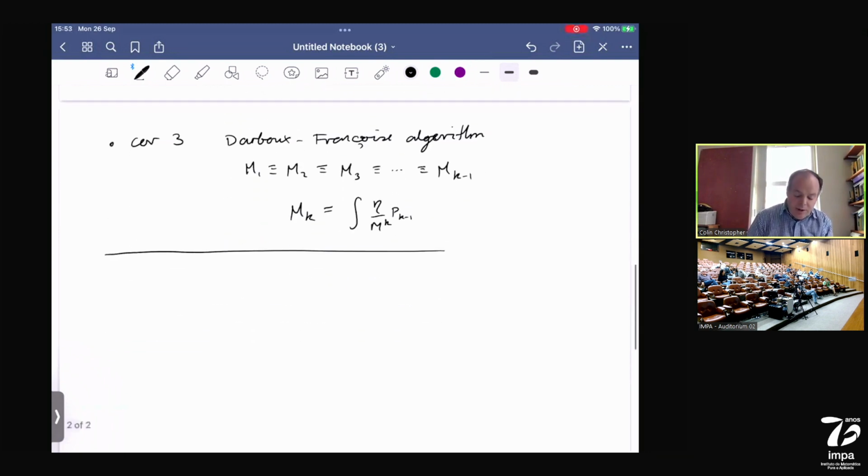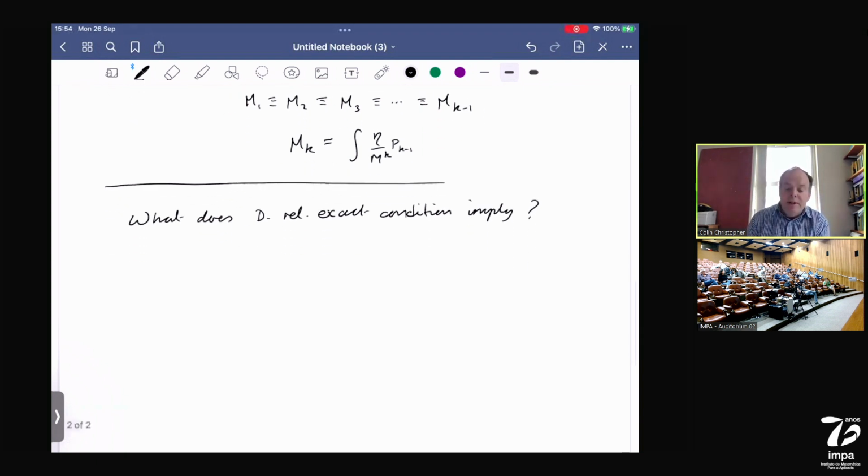And so the first question I want to ask ourselves is, what does the Darboux relatively exact condition imply? Because there's something to tease out here a little bit, as it's not quite as obvious as the relatively exact condition.